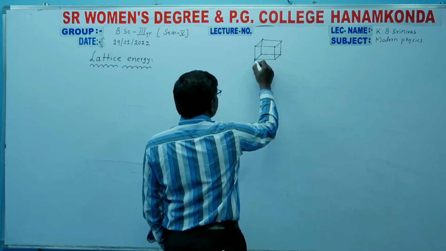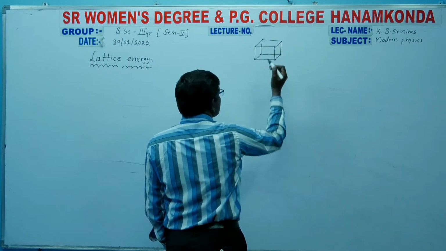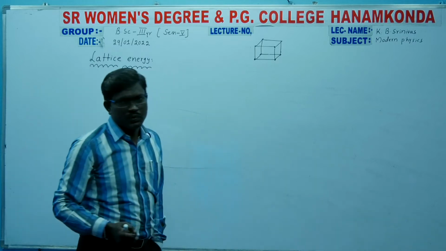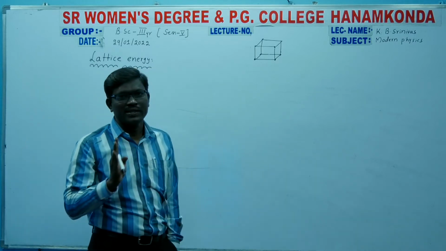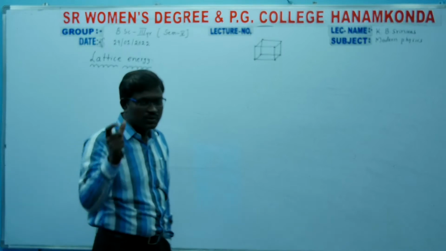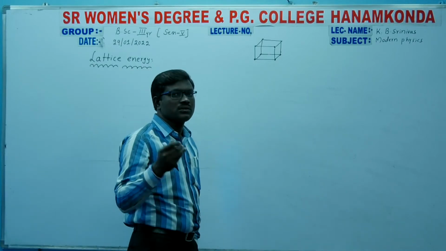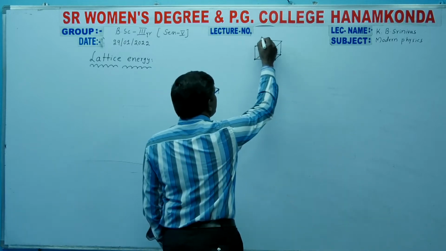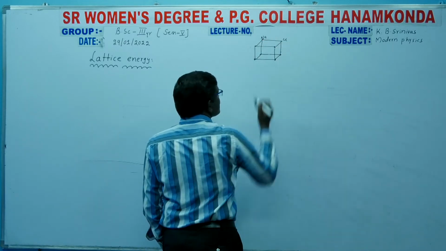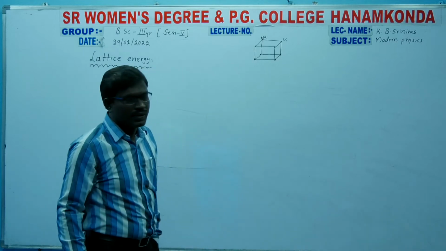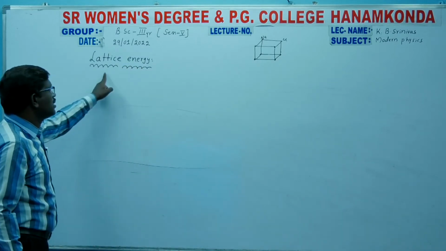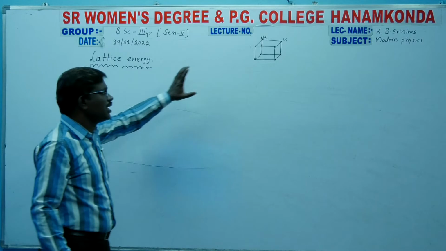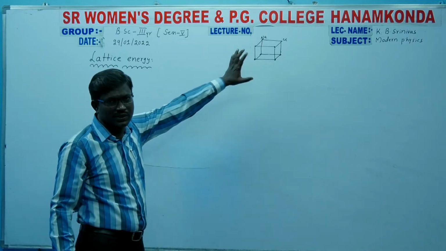If it is a sodium chloride crystal, it is formed because of sodium and chlorine. Clear? So then, what is lattice energy? This is a sodium chloride lattice structure.